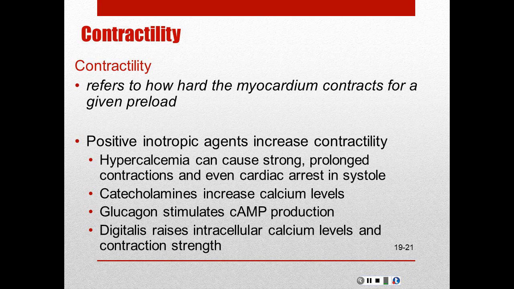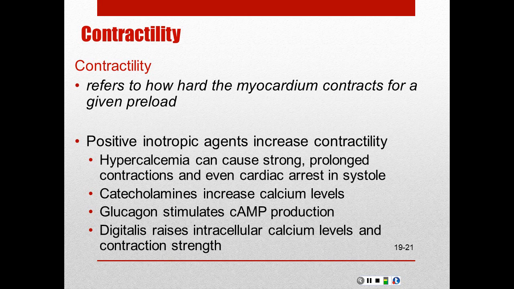Now, in hypercalcemia, where we have an excess amount of calcium, those extra calciums are going to diffuse into the cardiocytes and produce strong, prolonged contractions, and in extreme cases can cause cardiac arrest in systole.